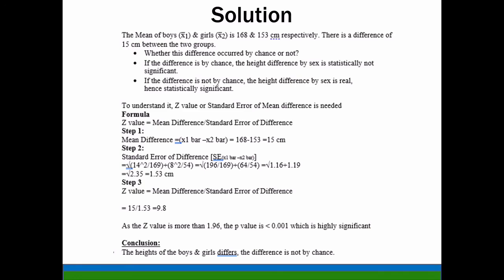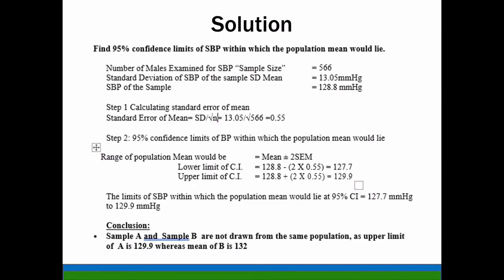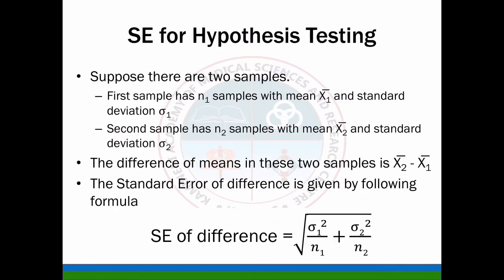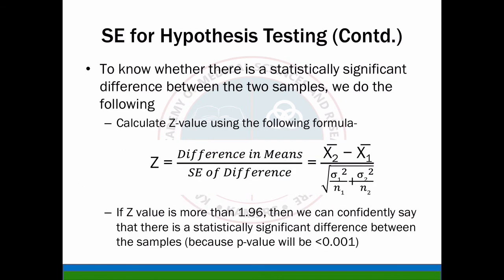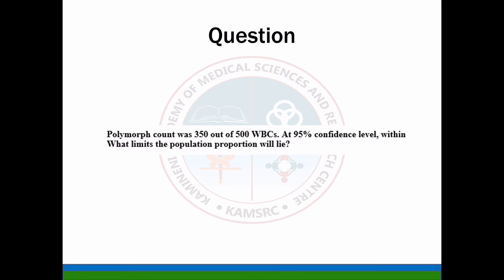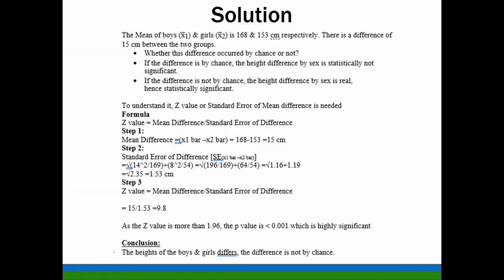So actually this I had told you initially. This is the one. Z is equal to difference in means by standard error of difference. Mean difference is equal to x1 bar minus x2 bar is equal to 168 minus 153, that is equal to 15 centimeters.